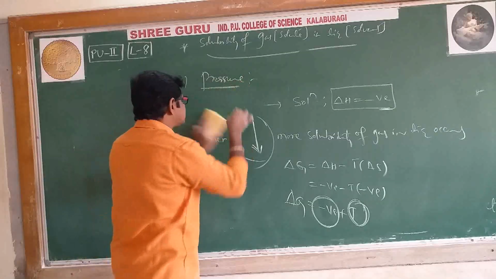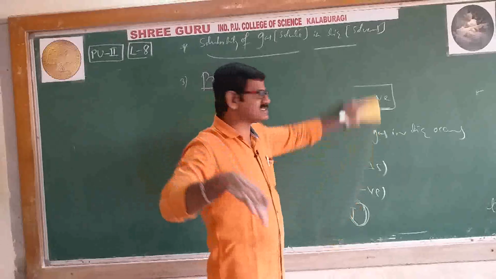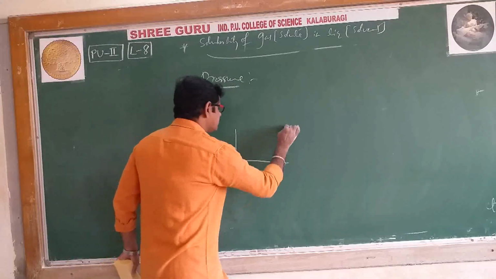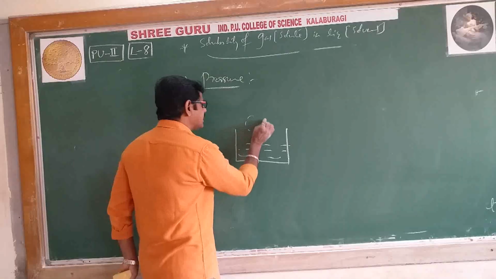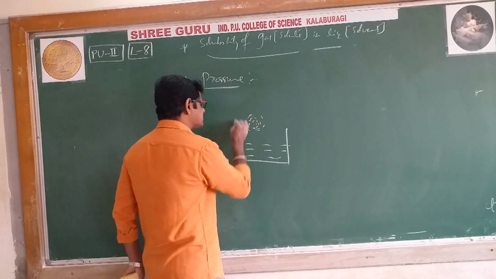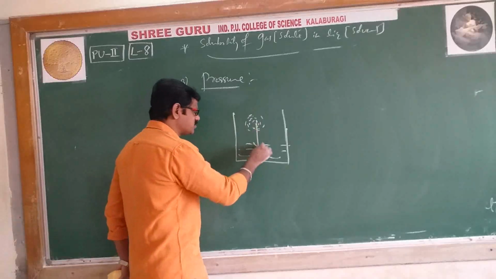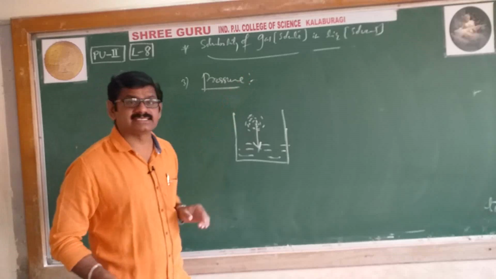How pressure is influencing the solubility of gas in liquid. Let's discuss now. It is a liquid solvent. It is of course a gas. Our target is that the gas should dissolve in the liquid solvent. Then how is pressure influencing?